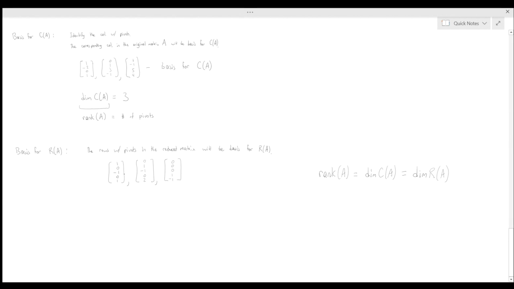So you'd be getting one basis vector for each pivot. Hence the dimension for both spaces will be the same. They'd both be equal to the number of pivots. Okay. Yeah, so just take the rows in the reduced matrix that have the pivots in them. That will give you a basis for the row space.